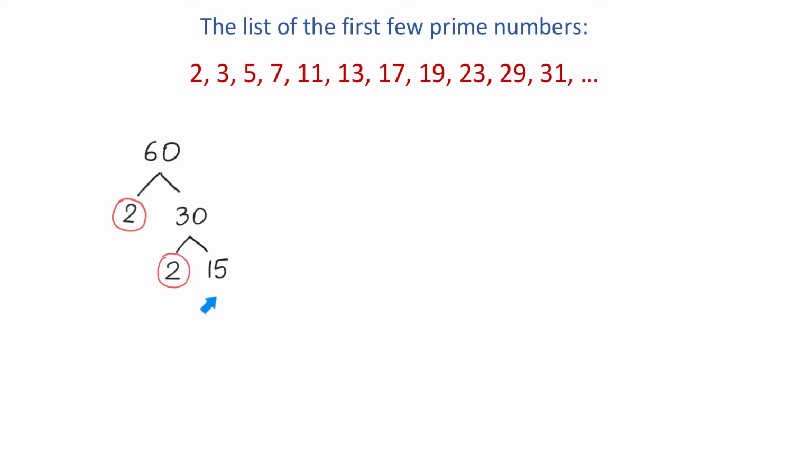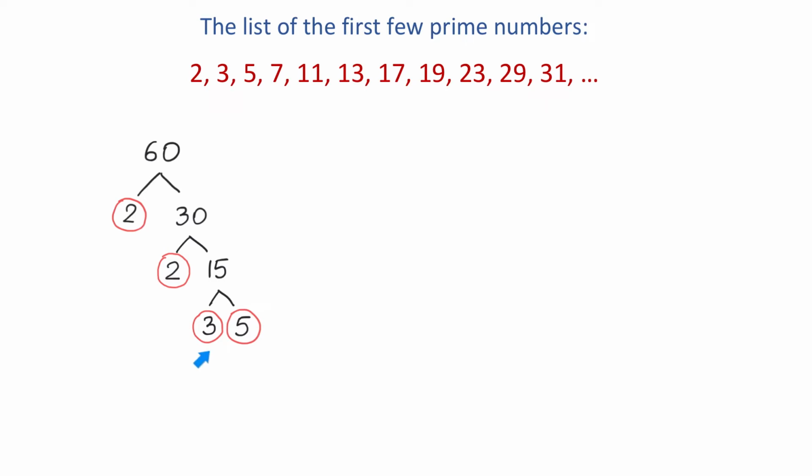Now, can we divide number 15 by 2? 15 is not divisible by 2, therefore let's move to the next number. Then, can we divide 15 by 3? Yes, we can. 15 divided by 3 is 5. So we will write 15 as a product of 3 and 5. And both 3 and 5 are prime numbers.